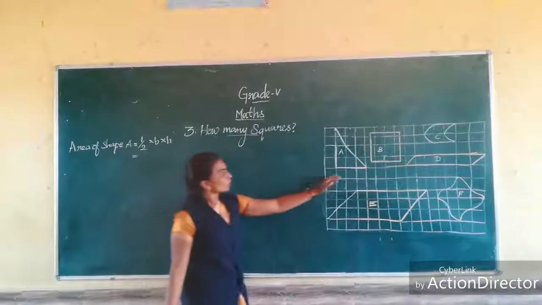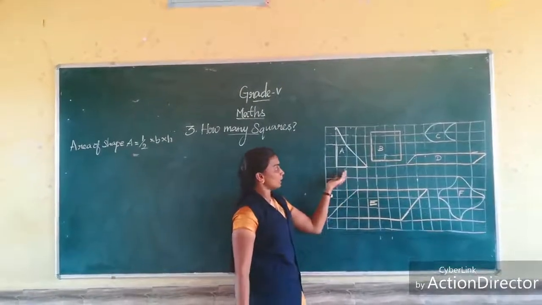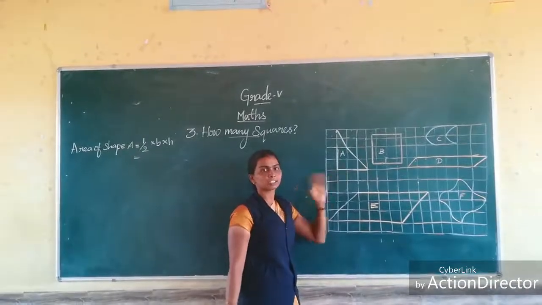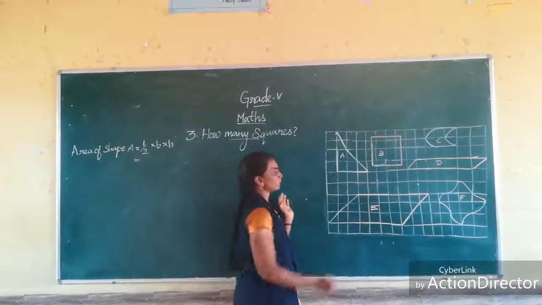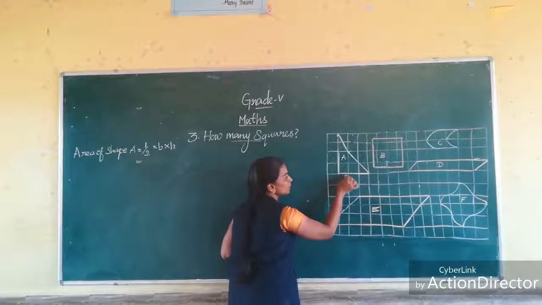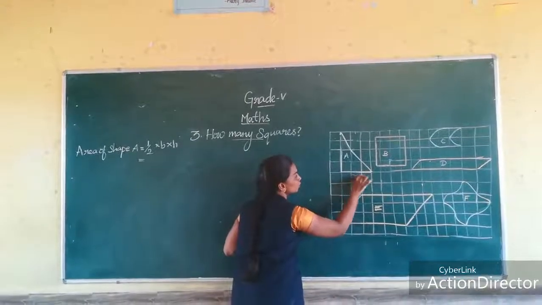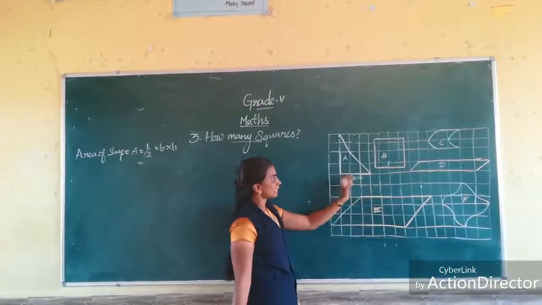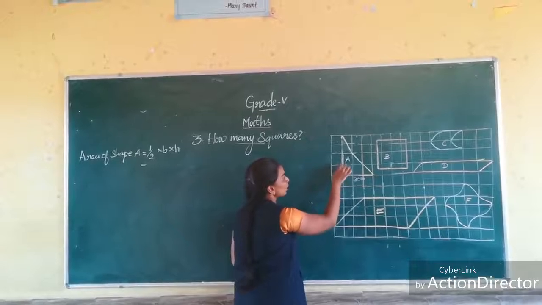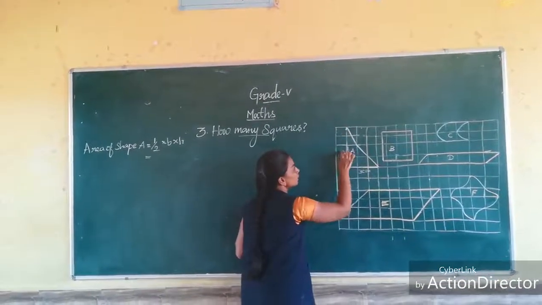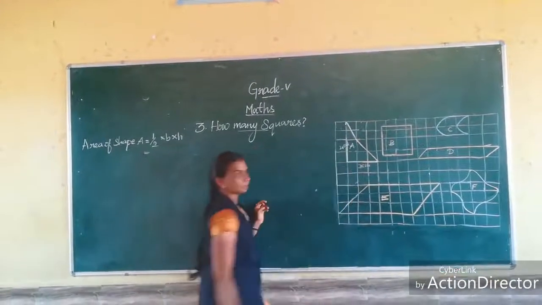See, look at here. What is the base? Every square grid is equal to 1 centimeter. So how many centimeter? That is equal to 3 centimeter. Base is 3 centimeter and height is 1, 2, 3, 4. Height is 4 centimeter.